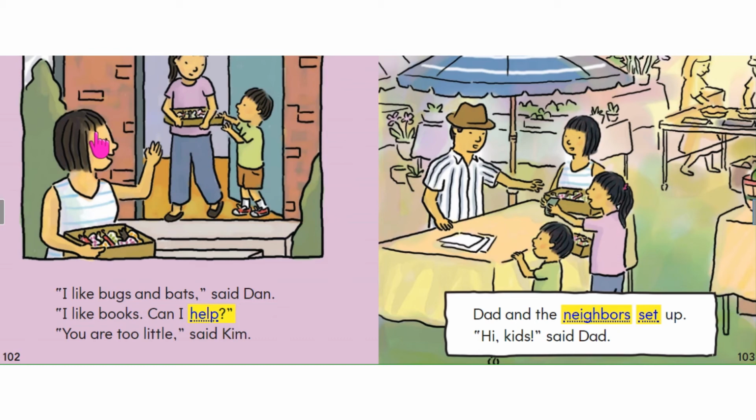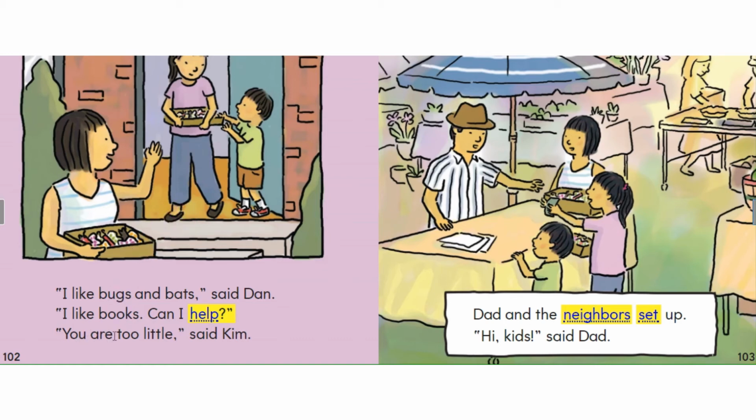Okay. Boys and girls, so here they're getting ready to leave. Remember, they're getting ready to go to the market to sell their bugs and bats. What happens here with Dan? What did Dan ask? You're right. He said if he could help. What did Kim tell him?